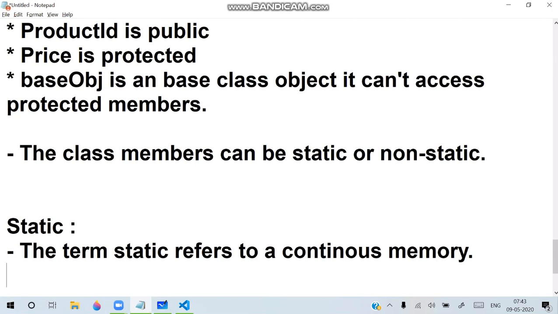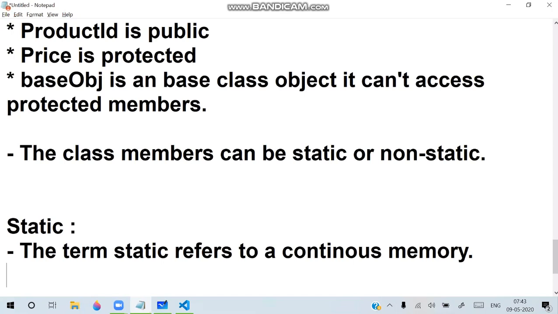Remember, in computers, the word static is used for memory, not for accessibility. Non-static is also called dynamic. Static and dynamic.